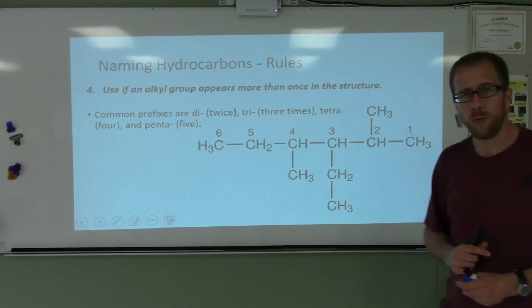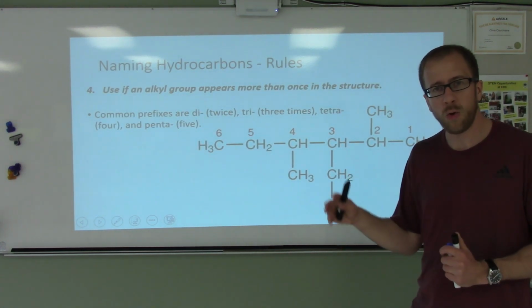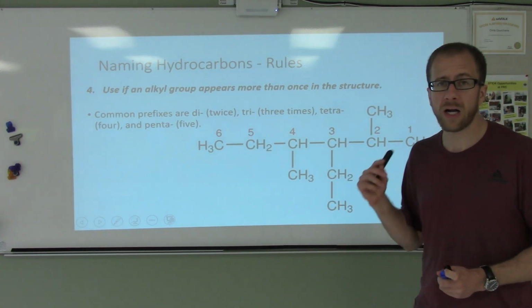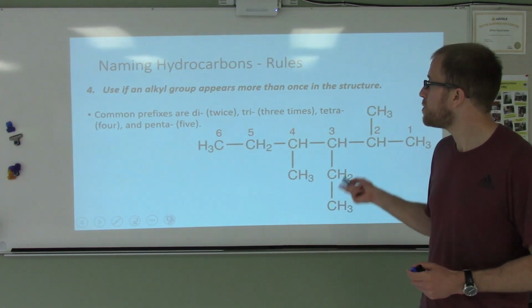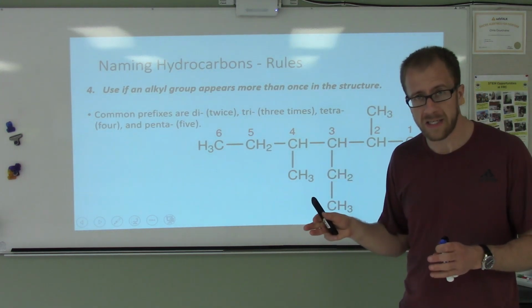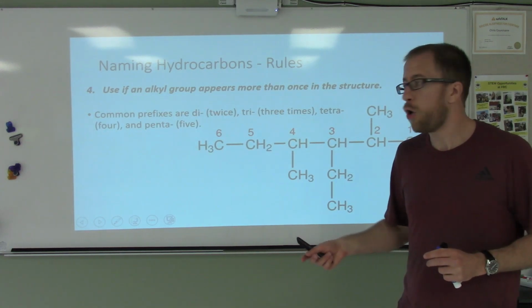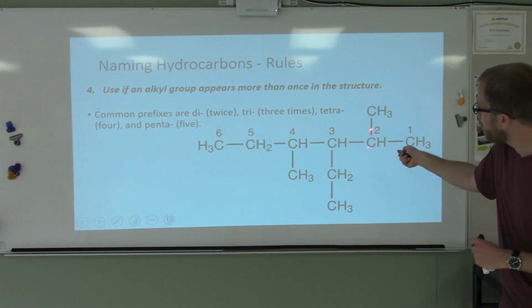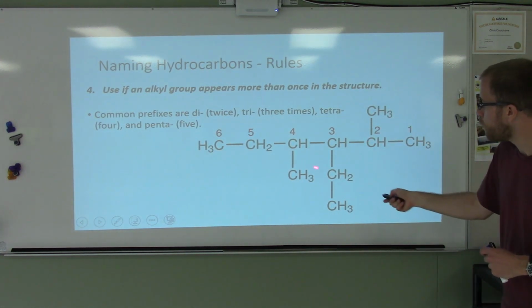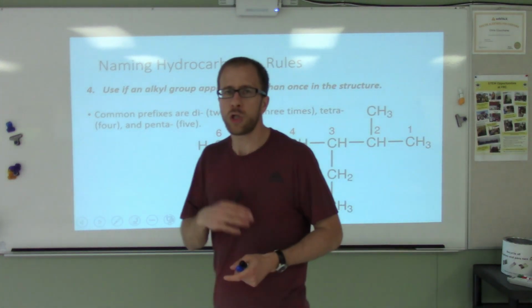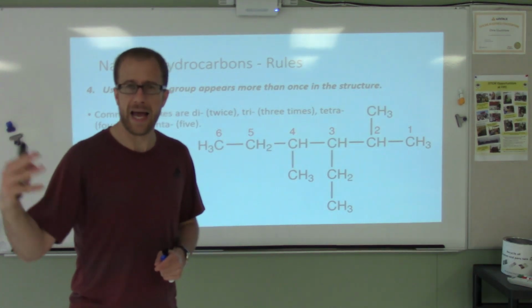Now, if an alkyl group appears more than once in your structure, you do need to use your common prefixes in order to indicate how many. So here we have 1 methyl group on 2, and 1 methyl group on 4. So that would be 2,4-dimethyl.